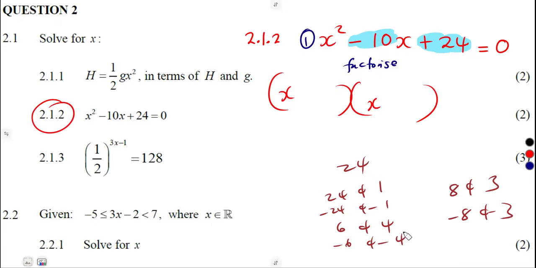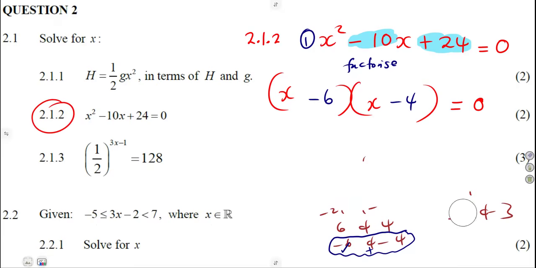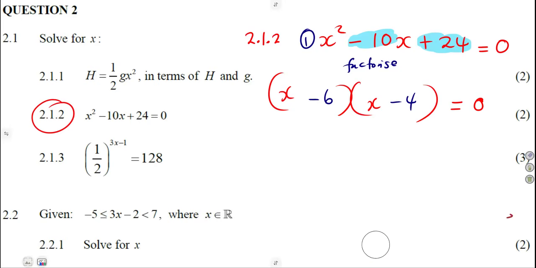a negative 10? That's negative 6 and negative 4. If we add these two, we are going to get a negative 10. So these are the two numbers that we need, negative 6 and negative 4. Remember it's an equation, so equate to the 0 that we are given there. We are back to the 0 concept: two brackets multiplied together to give us a 0 means either one of these brackets is equal to 0.